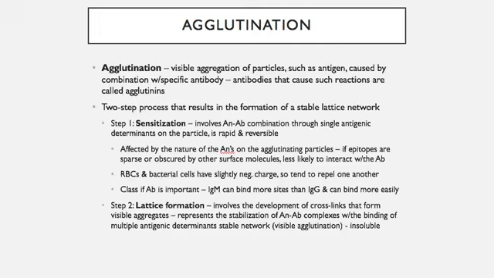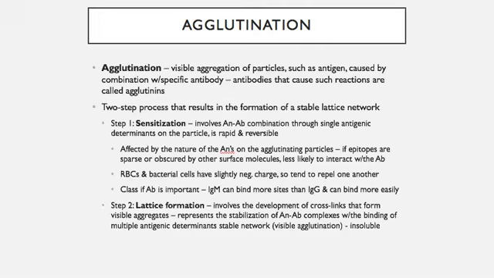The first stage is sensitization. That involves the antigen-antibody combination through single antigenic determinants on the particle. This process of sensitization is rapid, but it's also reversible. The sensitization phase of agglutination is affected by the nature of the antigens on the agglutinating particles.